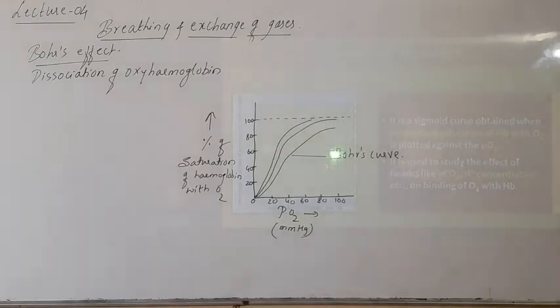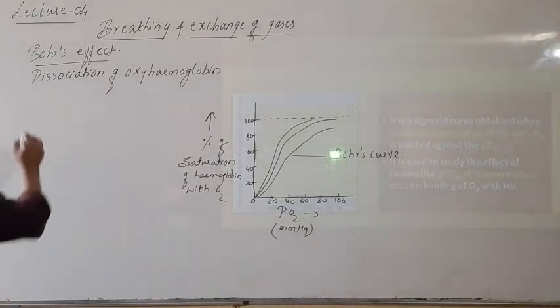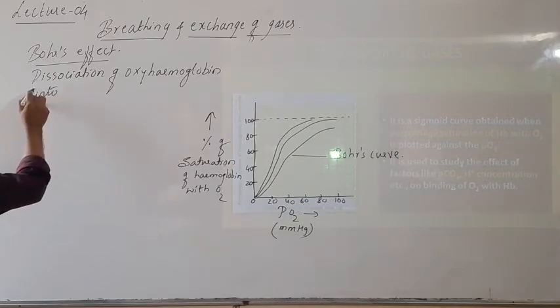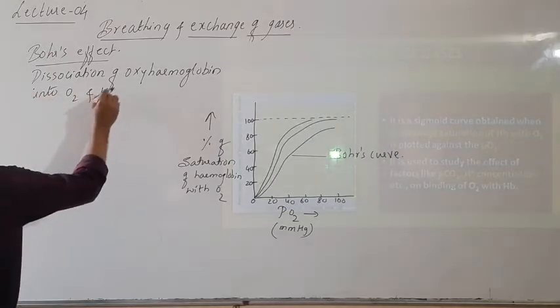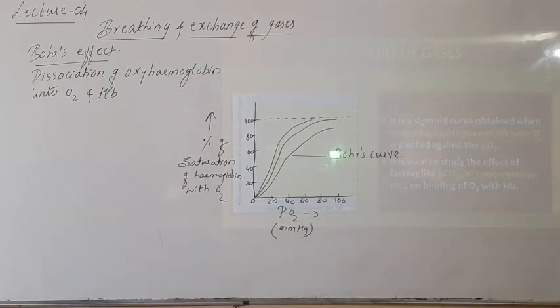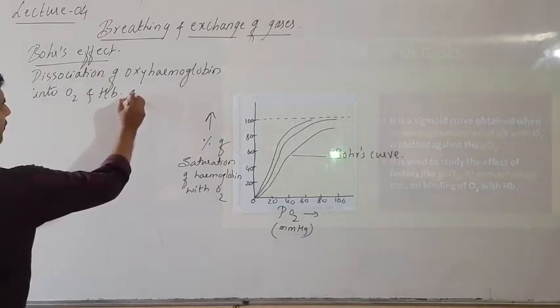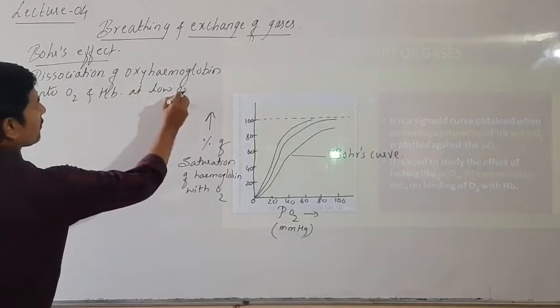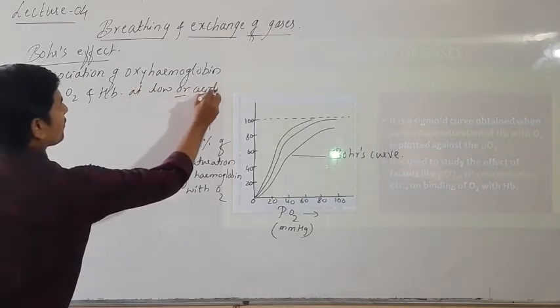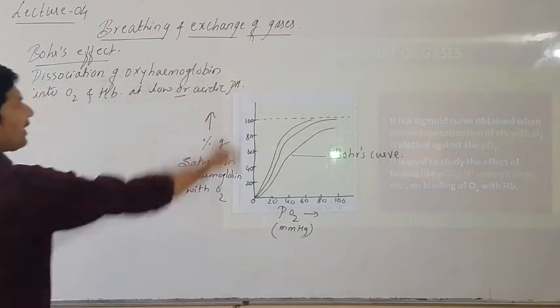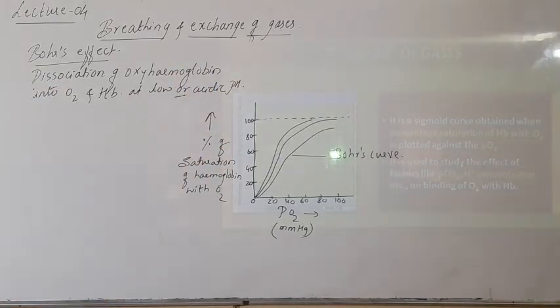That means oxyhemoglobin gets dissociated into O2 and Hb, that means into oxygen and hemoglobin, at low or acidic pH.